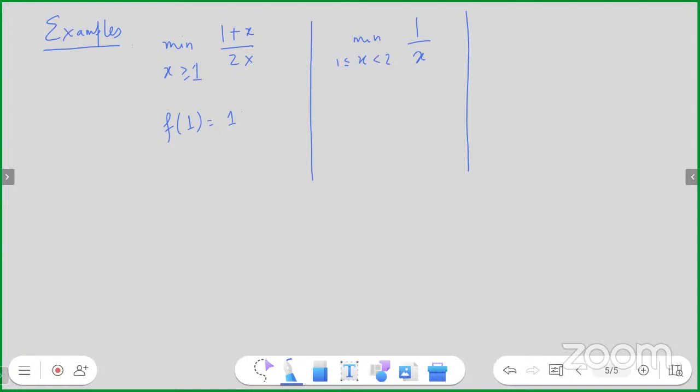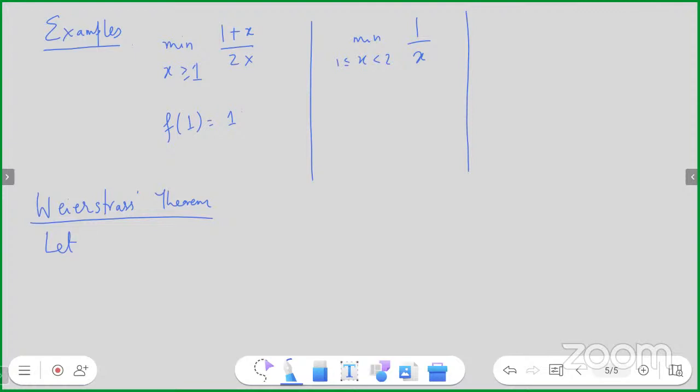So what I want to state is a theorem. Okay. I won't prove it here. If you cannot find the proof, ask me.